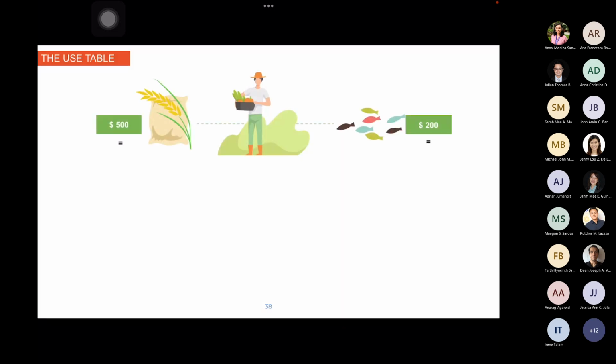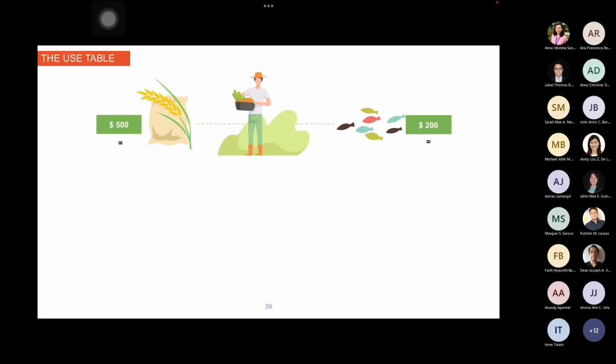Okay. So apart from that, the use table also shows the intermediate inputs and primary inputs, such as labor and capital necessary in production. The total output of the agriculture industry may be composed of several inputs, such as raw materials to produce the crops.